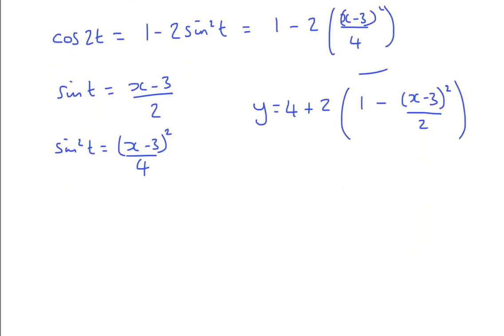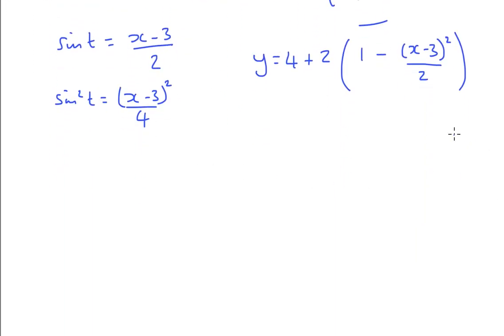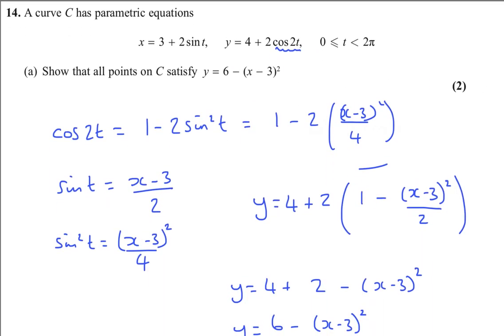And then it's a case of rearranging. So that's y equals 4 plus 2 minus, the 2's are going to cancel, x minus 3 squared, which is 6 minus x minus 3 squared, which is what we were looking for from the question that they gave us.